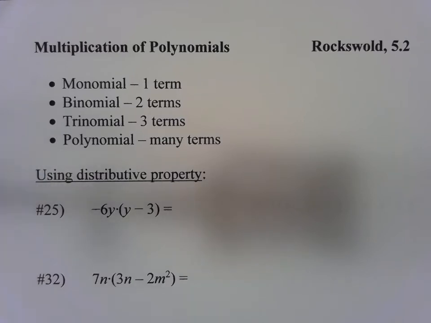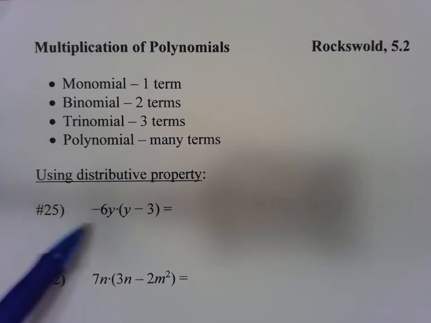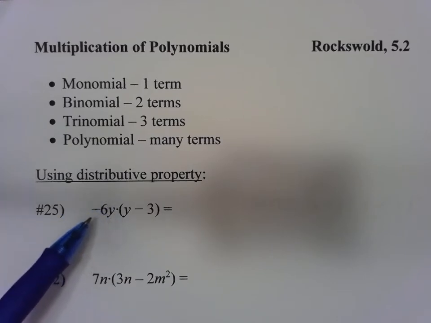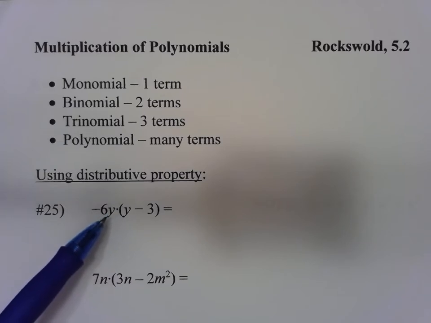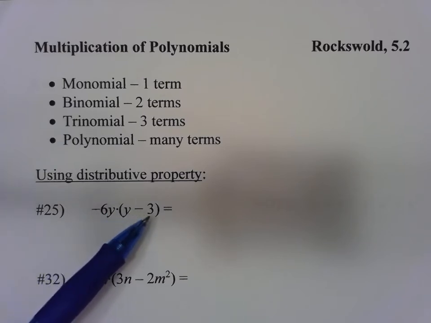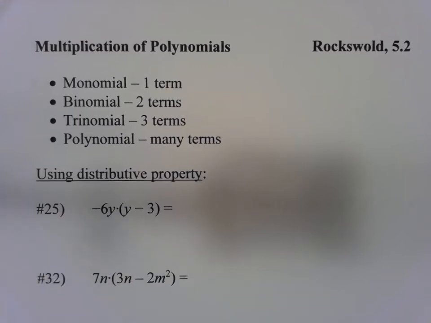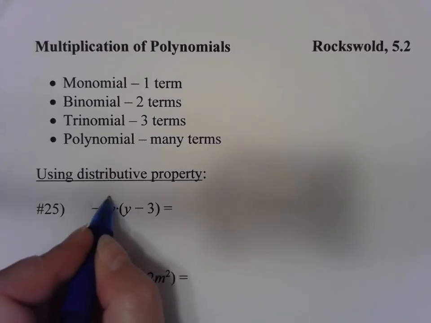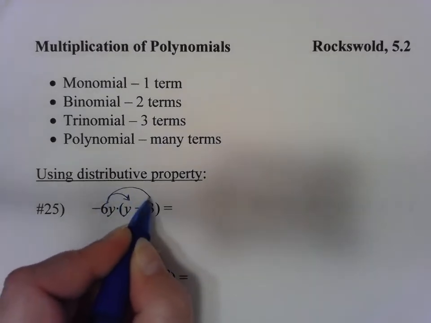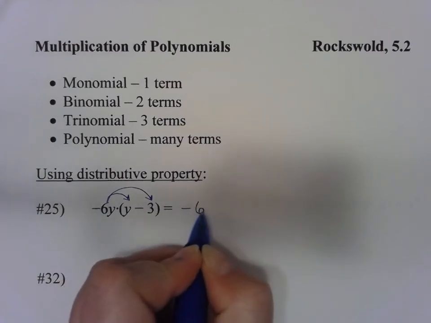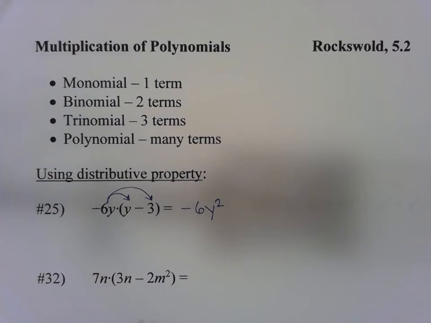Okay, so if I want to multiply, we're starting out by just multiplying by a monomial, right? Something that's just one part. So I'm going to take negative 6y, this monomial, and I'm going to distribute it. We've already done this, right? So we're just practicing this and kind of making the story complete. So if I distribute my negative 6y, I'm going to have negative 6y squared.